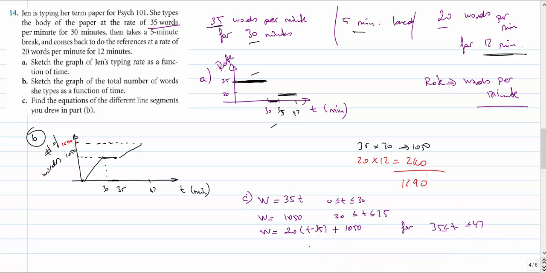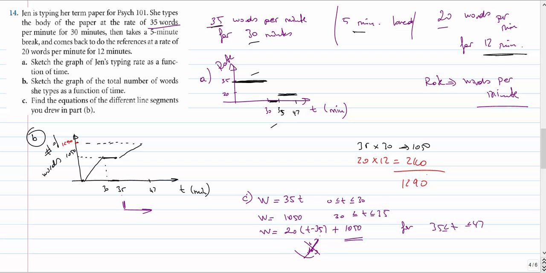You see, the way I write it is because I want to go from 35 and on. So if t is 35, I'll get a 0 here. 0 times 20 is 0, so the starting will be 1050.